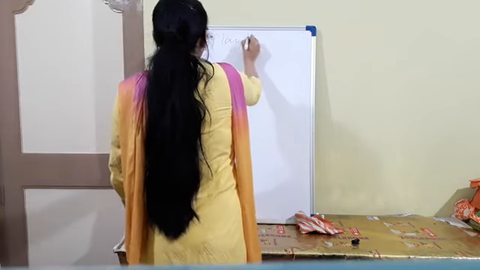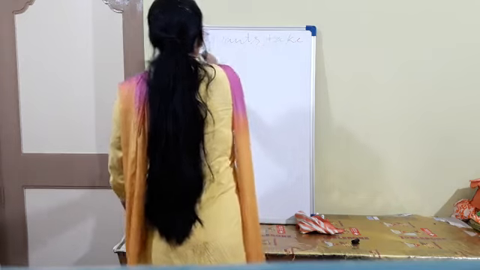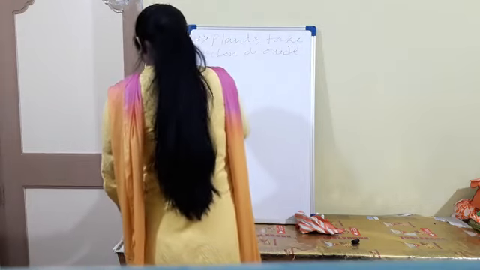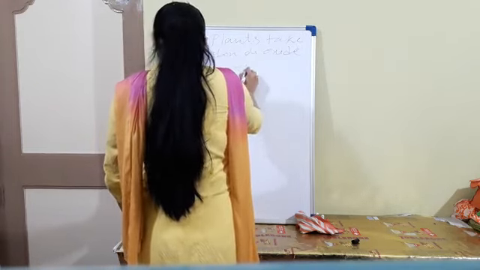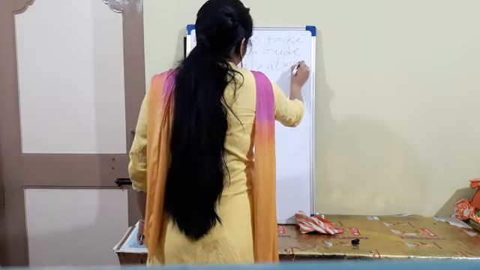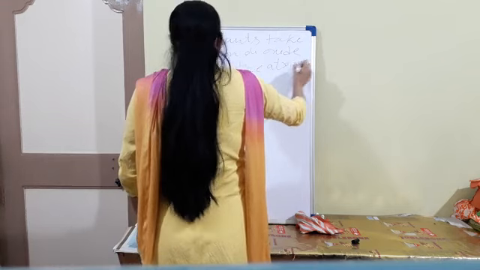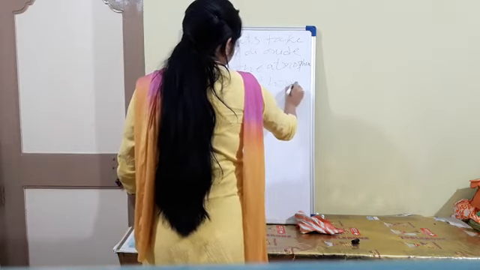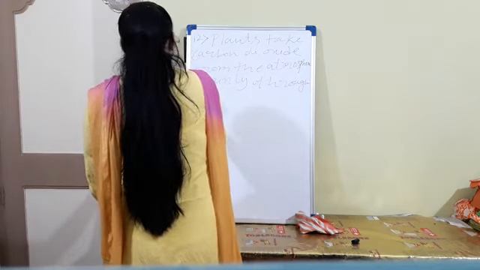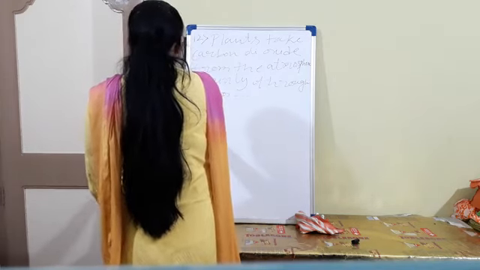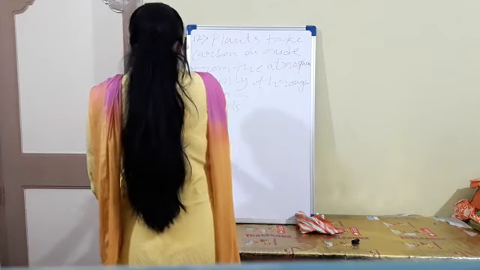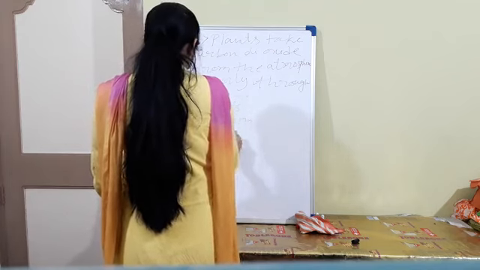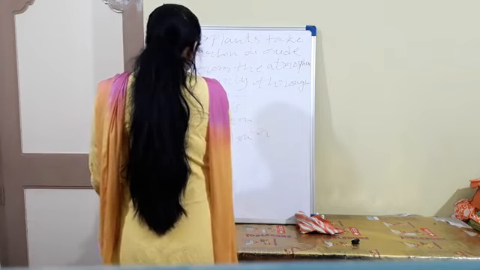Plants take carbon dioxide from the atmosphere mainly through their: number 1 roots, number 2 stem, number 3 flower, number 4 leaves. Same question in another form.